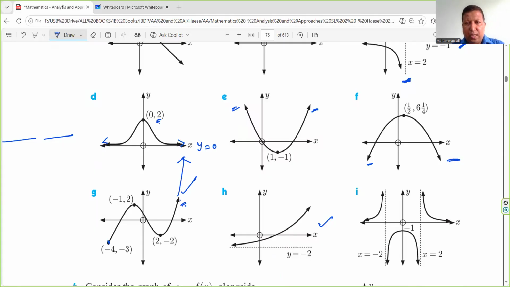Now the range. Here, this is the line y equals 0. For this part, y is greater than 0. And here the highest value of y is -1, so for this part y is less than or equal to -1. As it is discontinuous, because it is not connected, we have to write these separately.